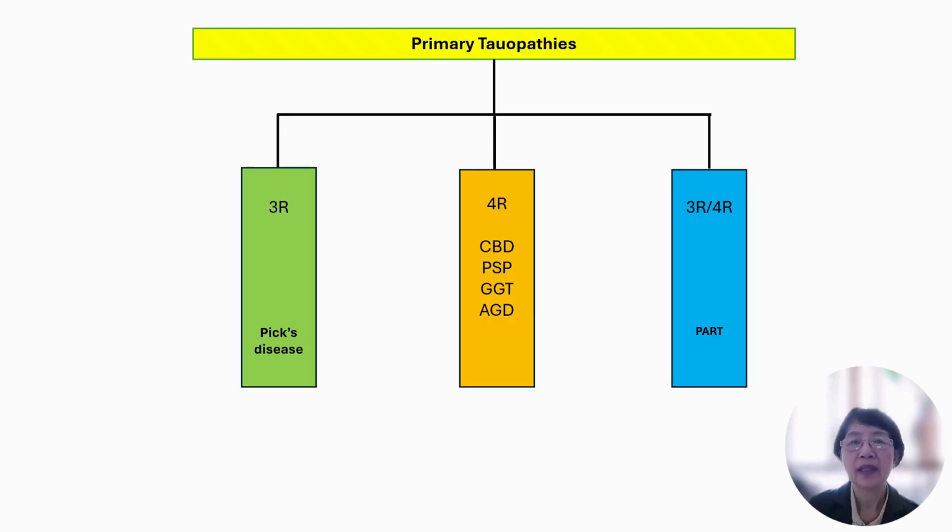Let me start with a quick introduction. Primary tauopathies are classified into 3R, 4R, or 3R and 4R tauopathies by the primary tau protein isoform deposits in the brain. 3R includes Pick's disease, 4R includes PSP, CBD, AGD, and GGT. 4R and 3R mixed tauopathies include PART.